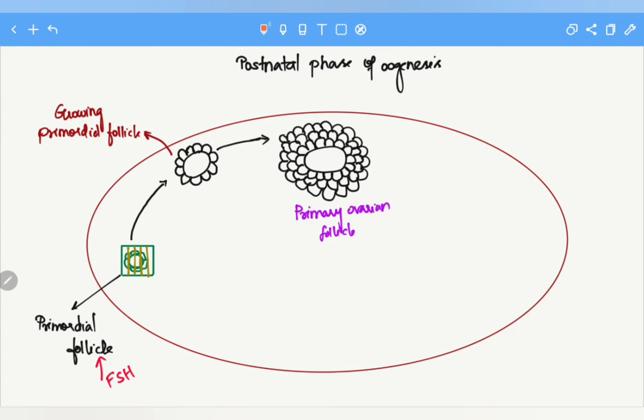At this stage, the cuboidal epithelial cells surrounding the primary oocyte start secreting a glycoprotein layer inwards, and the primary oocyte starts secreting a glycoprotein layer outwards.